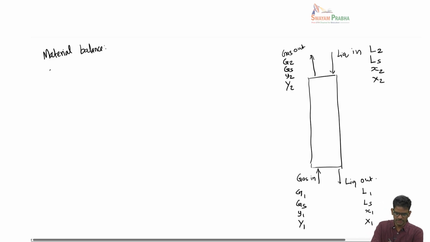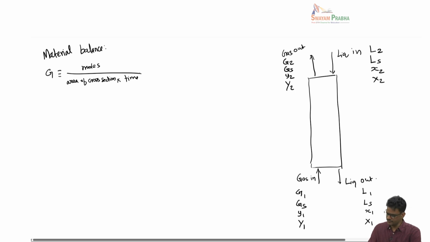Here G1 or G is given in terms of moles per unit area of cross section per unit time. So these are the units of G here, and y and x are all mole fractions.